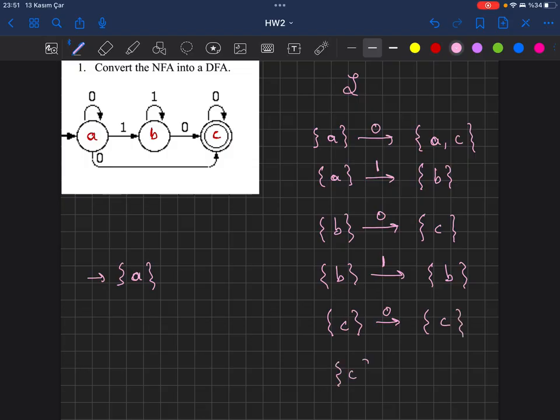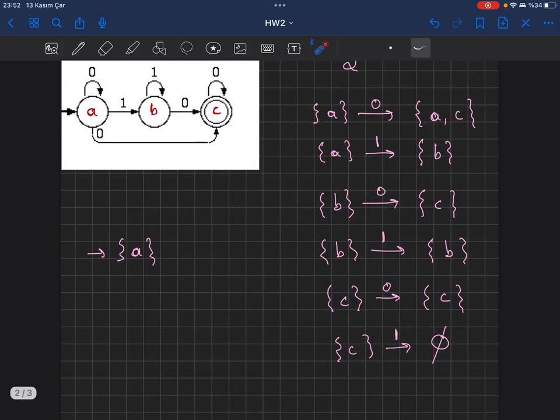And in C, if we go with 1, there is no 1, so it will be empty. Then we write A state, B state, C state, and we didn't write A and C. This is a new state, okay?